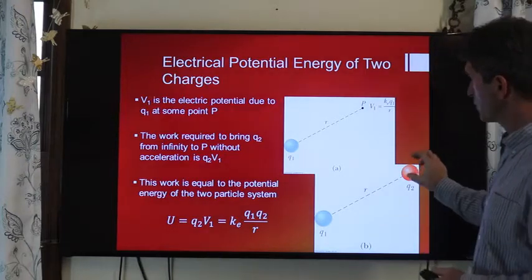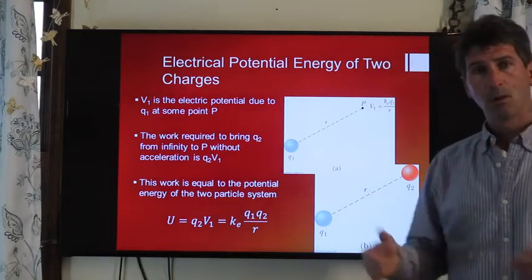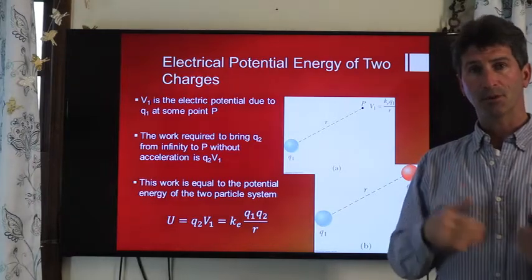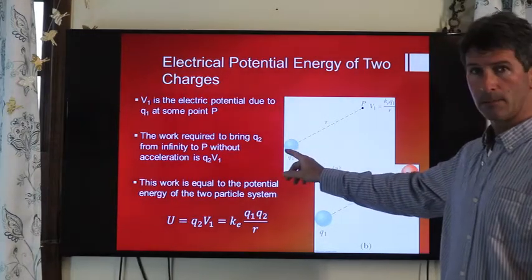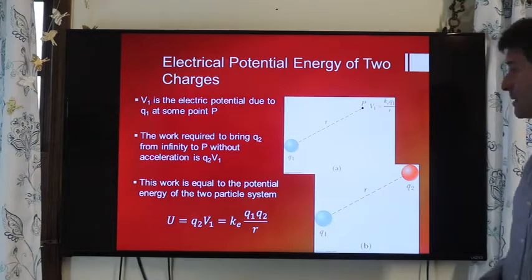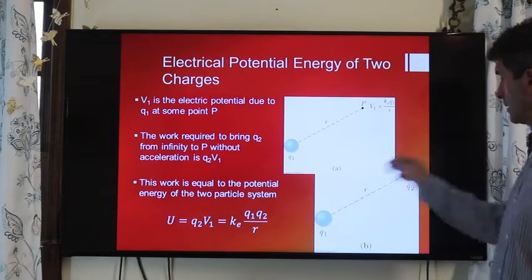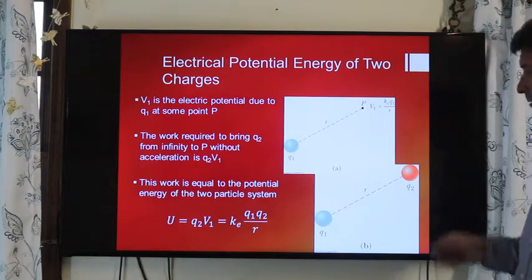So if I were to put a charge at that particular location, we can relate the electric potential from Q1 to the potential energy between Q1 and Q2. It's very simple.